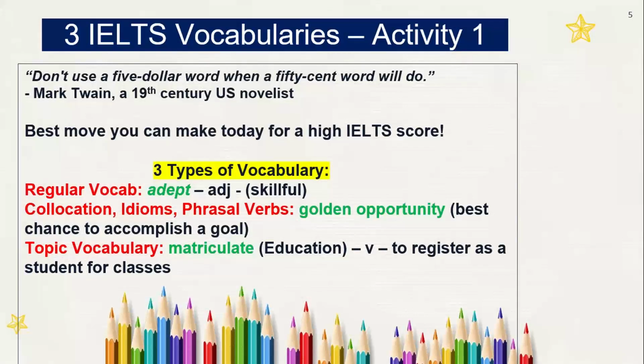Mark Twain, who was a 19th century U.S. novelist, once was quoted as saying, "Don't use a $5 word when a 50-cent word will do." All right, so you don't have to use large vocabulary words to try to impress people. As you know from the previous presentations, you always want to be able to use the right word at the right time.